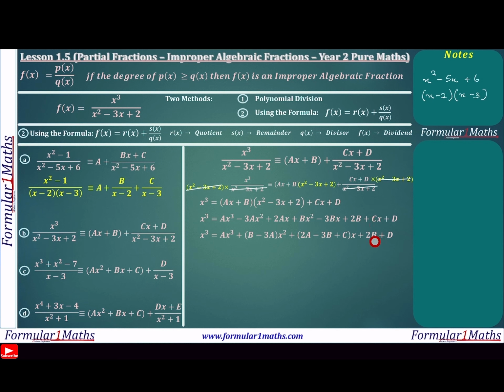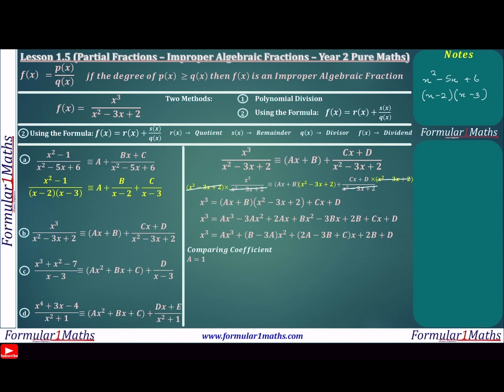And then for the constant terms, I have 2b and d. And then we say comparing coefficients. I can see now that the coefficient of the x cubed term on the right-hand side is a, and the coefficient of the x cubed term on the left-hand side is 1. That means a is equal to 1.